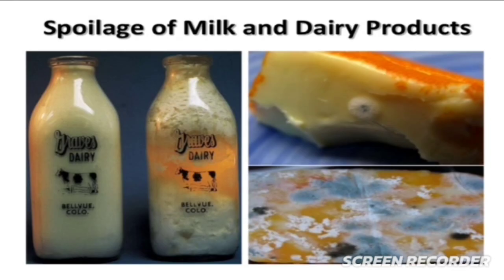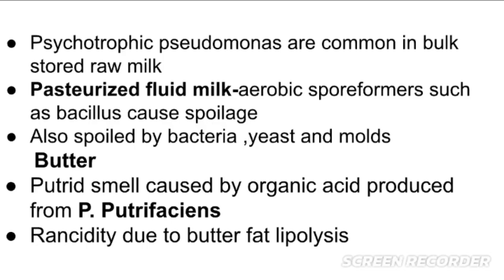Next is spoilage in milk and dairy products. As you all know, the shelf life of milk is usually 1 to 2 days, but after 2 days the milk is likely to get spoiled due to bacteria, microorganisms or external climatic conditions. Psychrotrophic Pseudomonas are common in bulk stored raw milk.